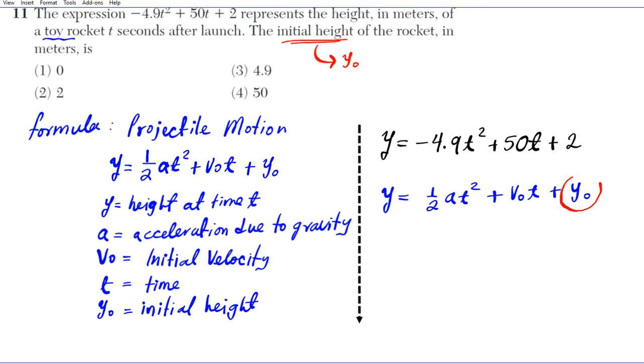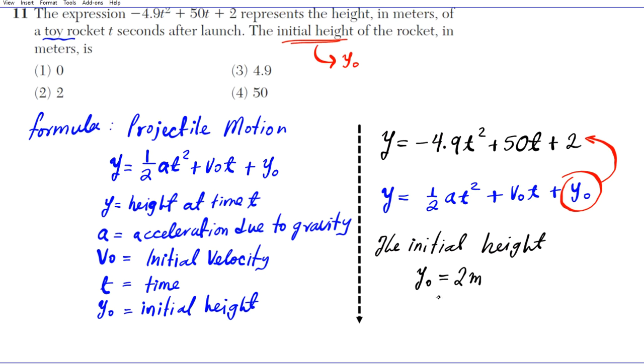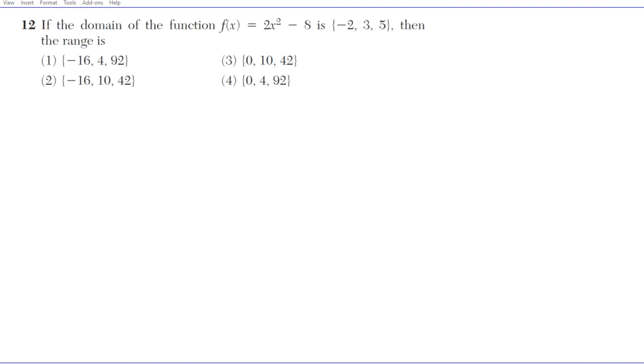So y sub 0, the initial height, is given by the value of 2 meters. Let's go ahead and write that down. The initial height y sub 0 is equal to 2 meters. Okay, the answer to question number 11 is option number 2.